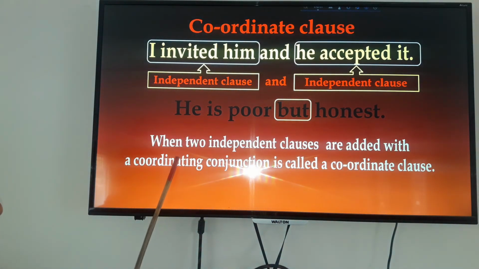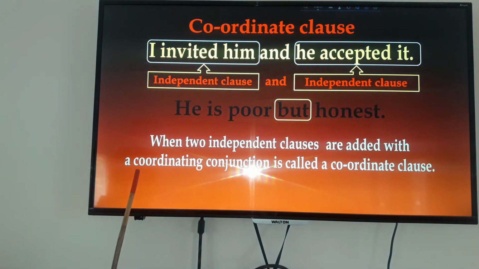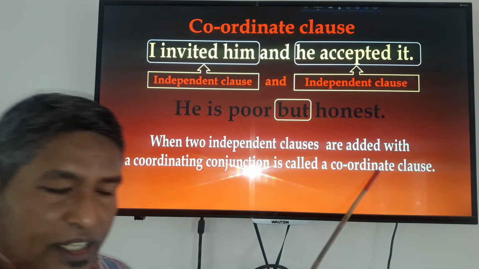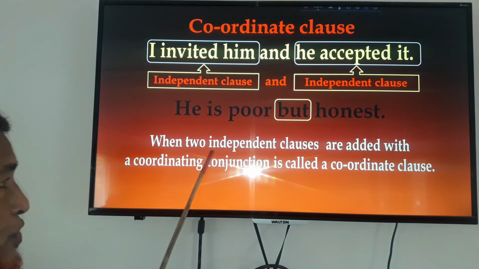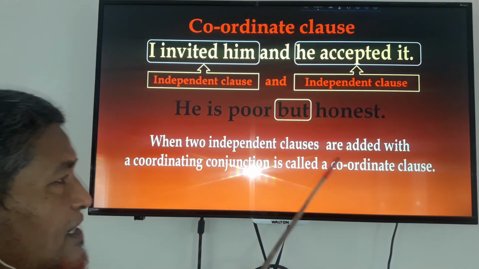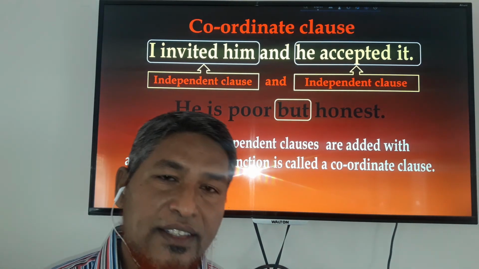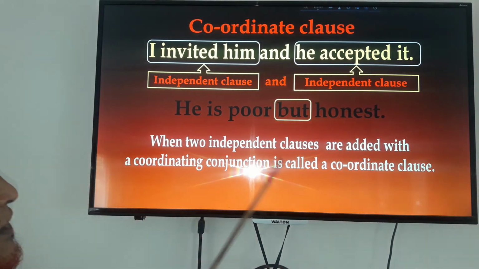So when two independent clauses are added with a coordinating conjunction, it is called a coordinate clause.